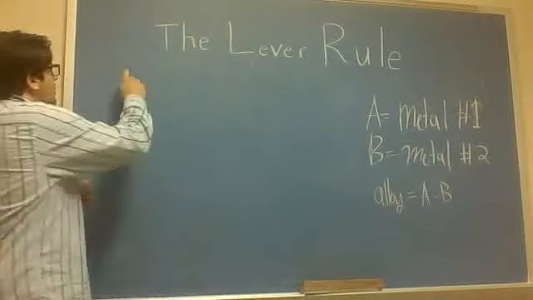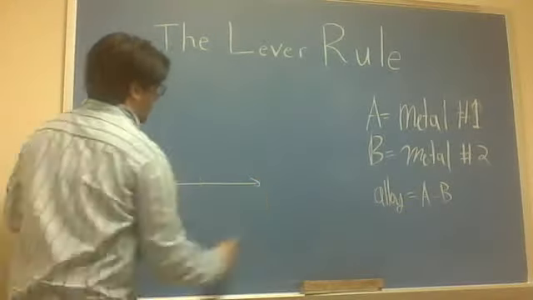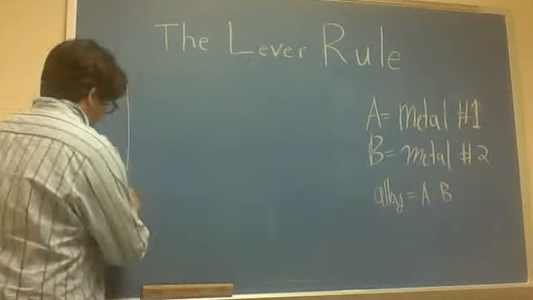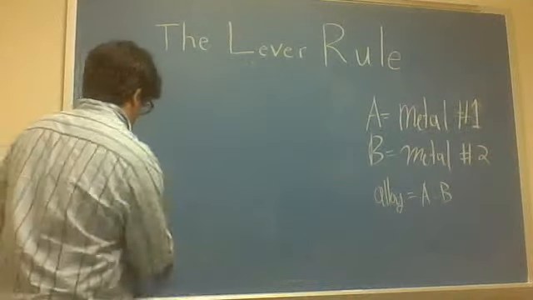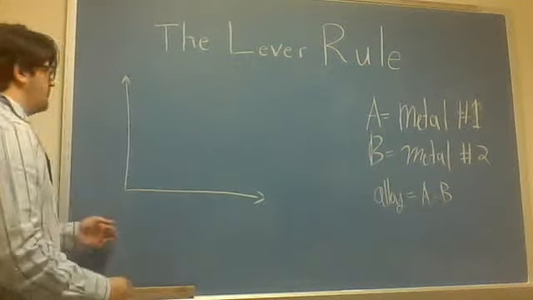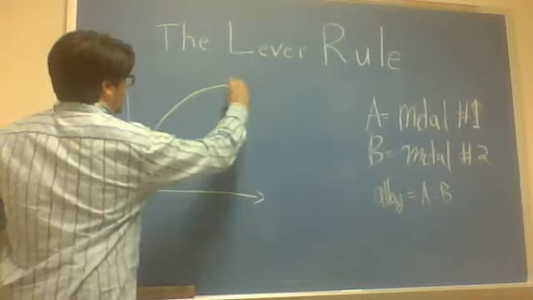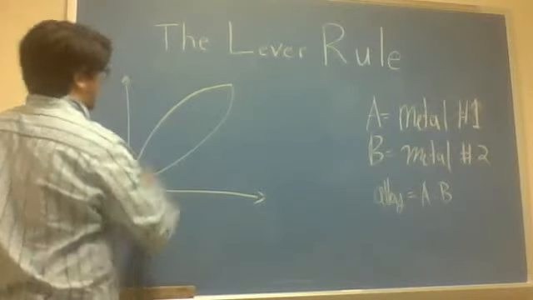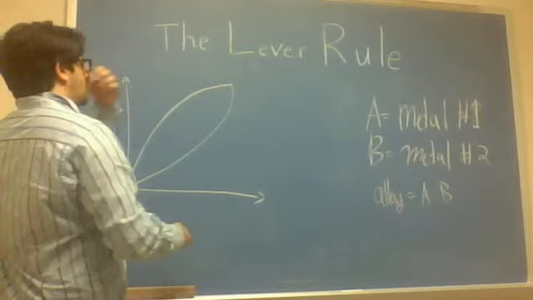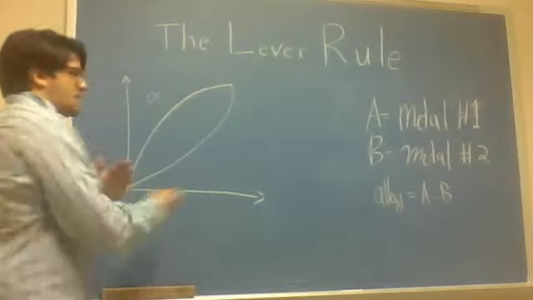So in that case, we can also make a compositional phase diagram. Now this is kind of going to look like a hysteresis type thing, just so that you can see how the regions might intersect, right?